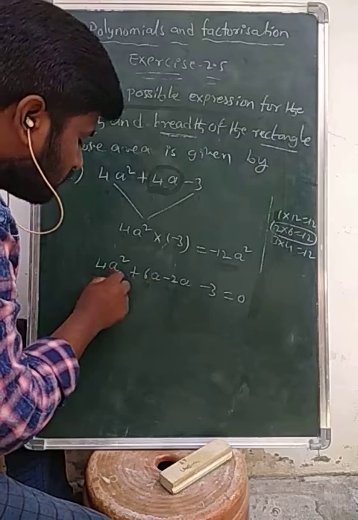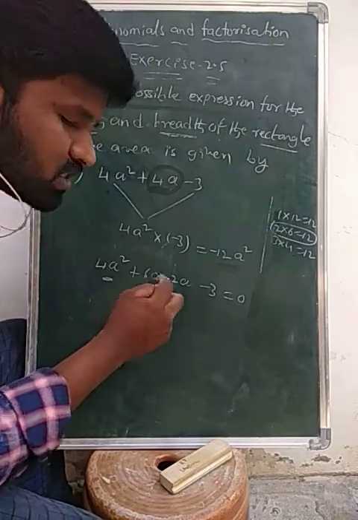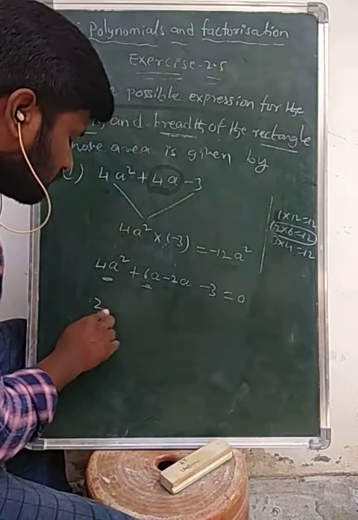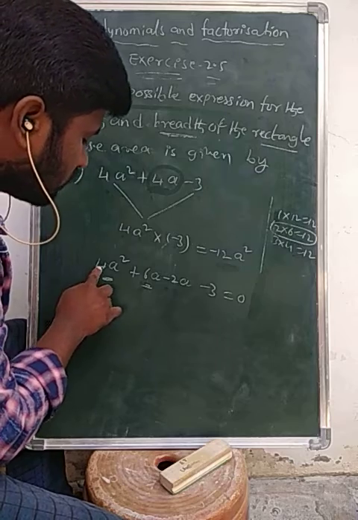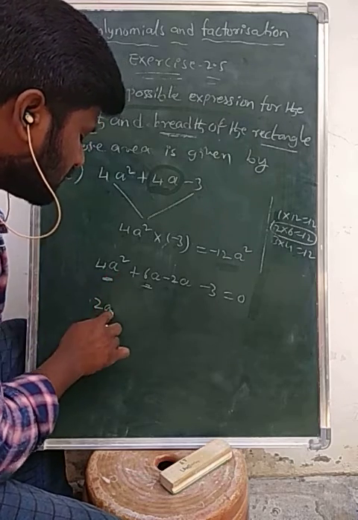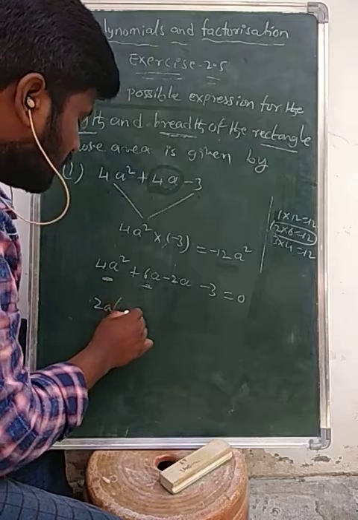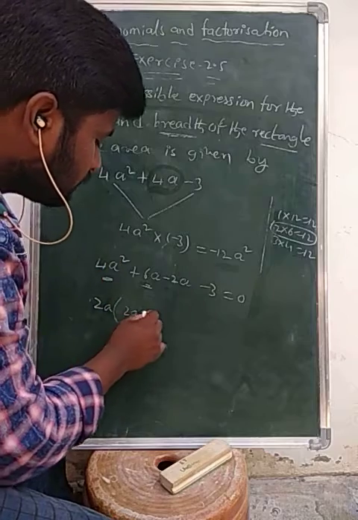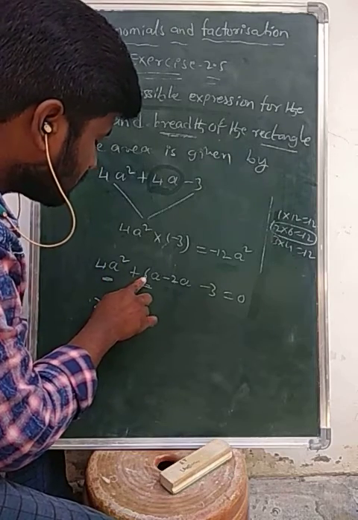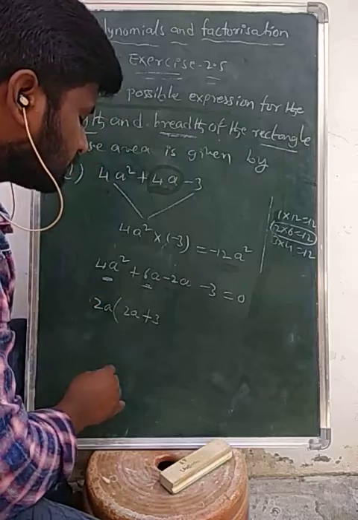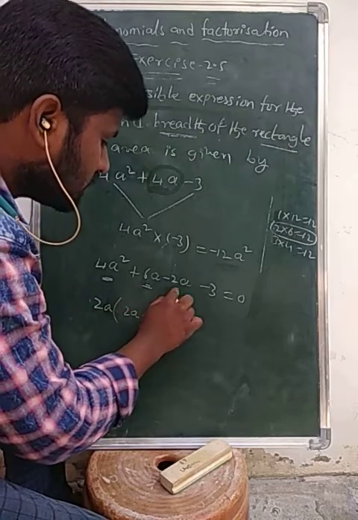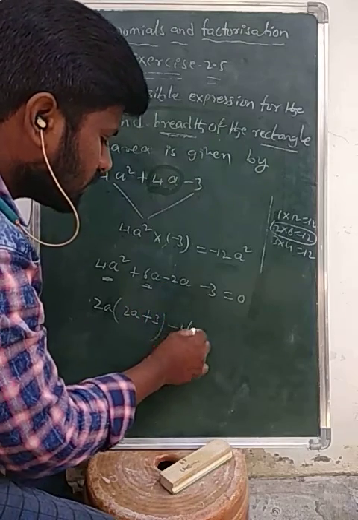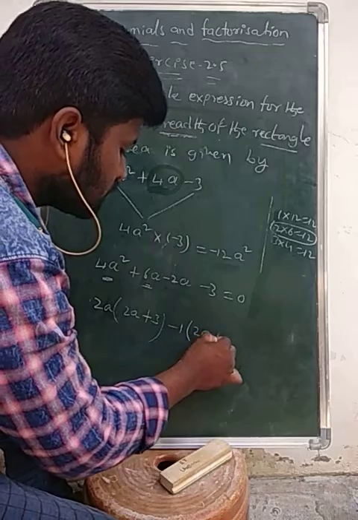From the first two terms, 2 is common and a is also common. Taking 2a common, we get 2a into, because 2 2s are 4, a into a square will come, plus 3. In the last two terms, minus 1 is common. If I take out the common minus 1, that is 2a plus 3.